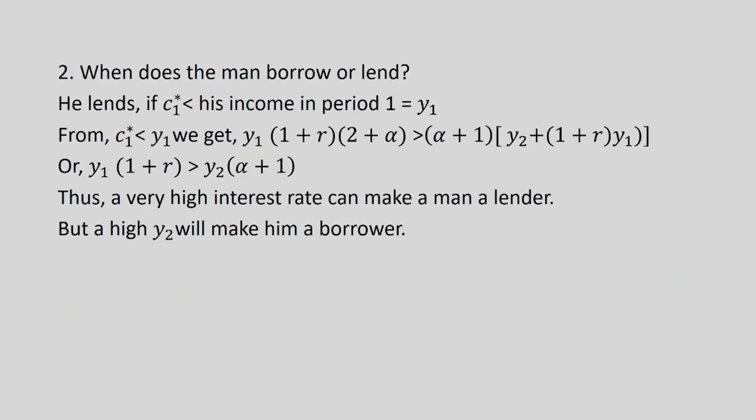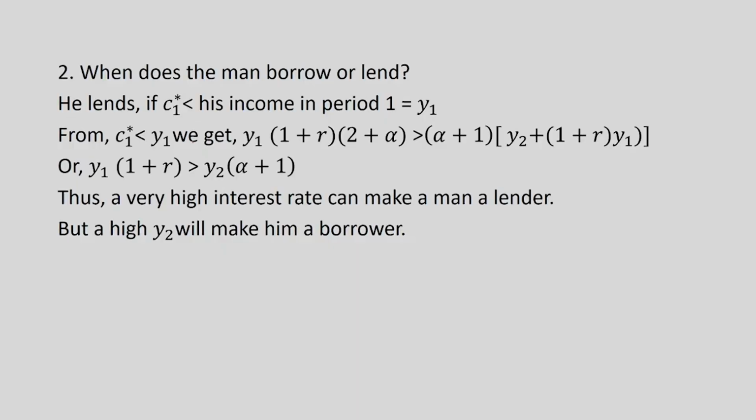The second observation is this. This is just trying to answer the first question we had started with: when does the man borrow or lend? Now, he lends if his optimal consumption, which is C1 star, is less than his income in the first period. What is his income in the first period? It is Y1. Now, this condition is therefore C1 star is less than Y1.